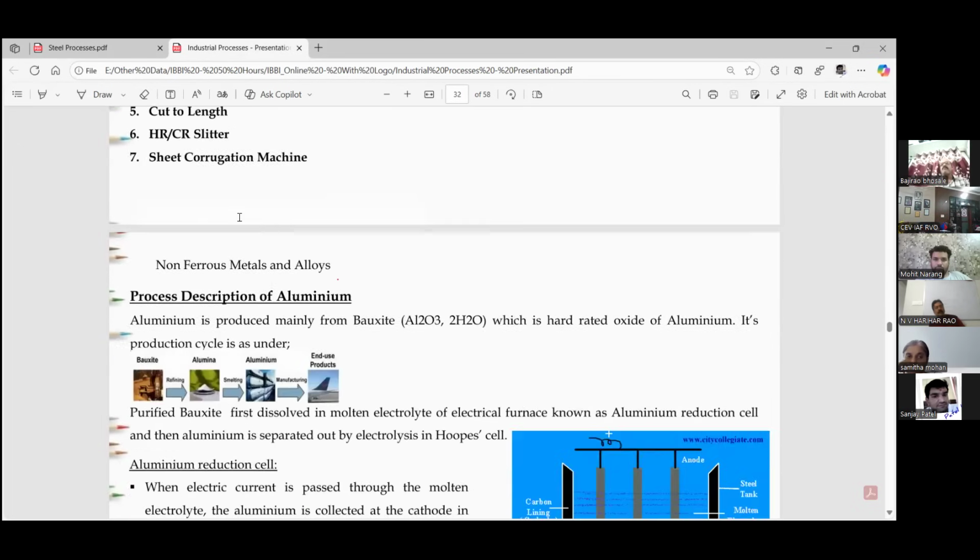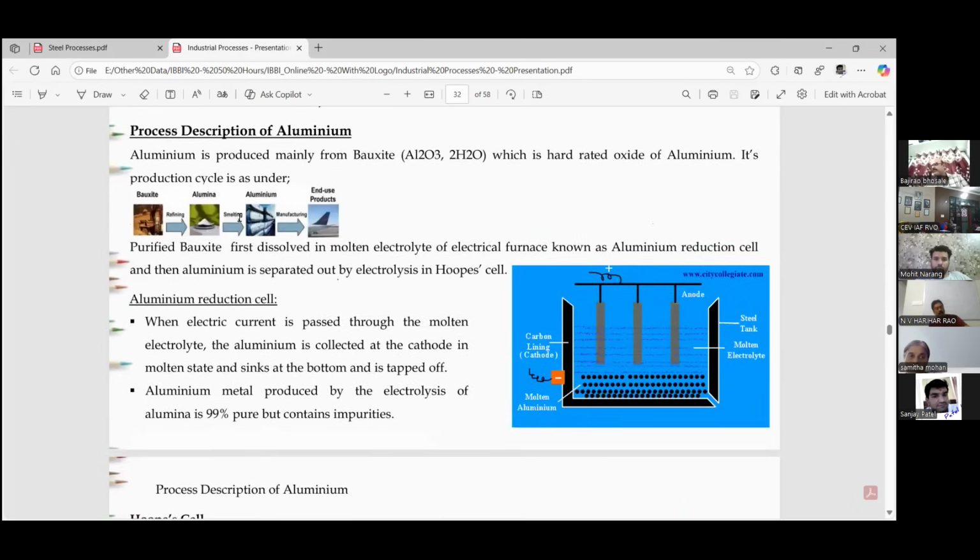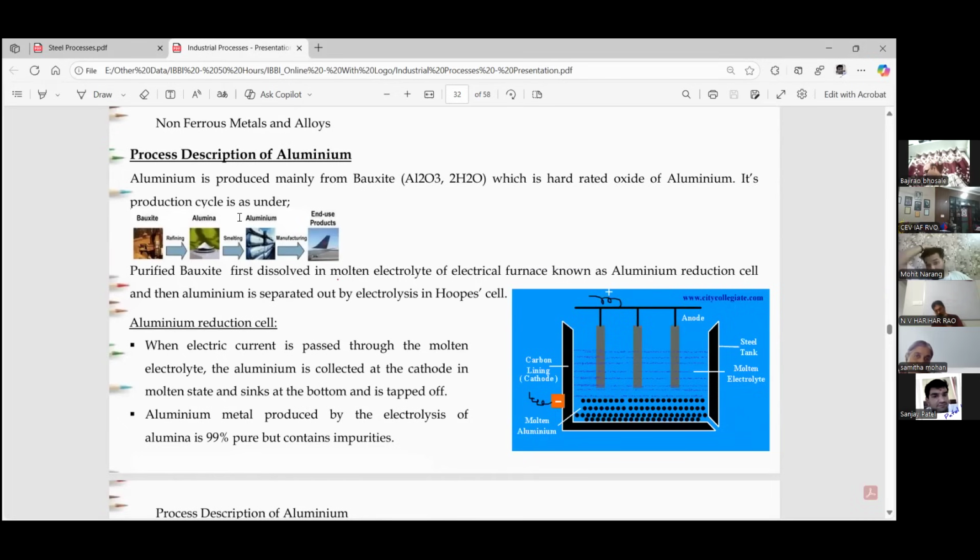Further, many times you will find different types of words related to the process. Okay. Just like in the steel industry, one common word is electroplating. So what do you mean by the electroplating process? You are finding that TMT rod. What do you mean by the TMT?